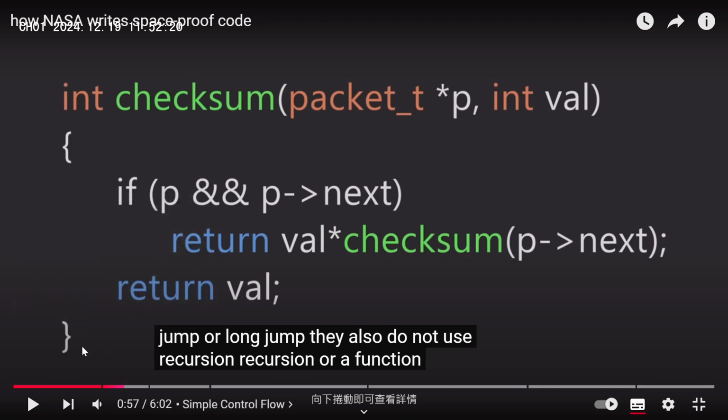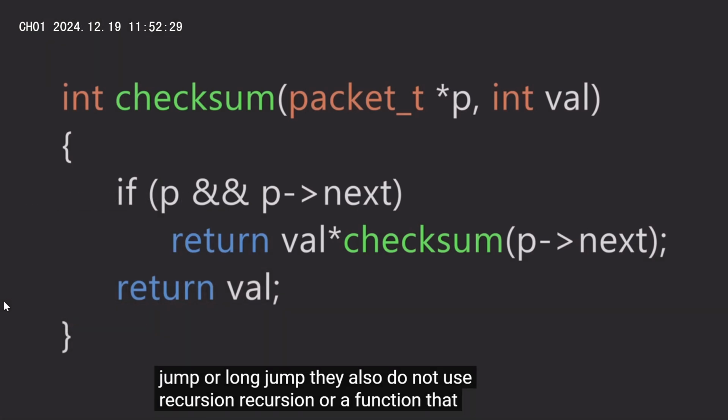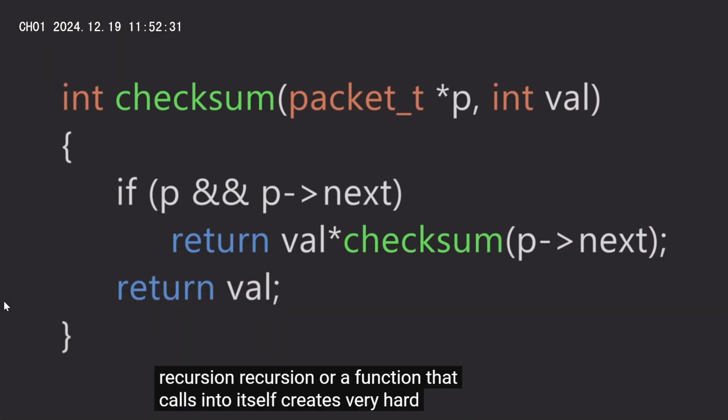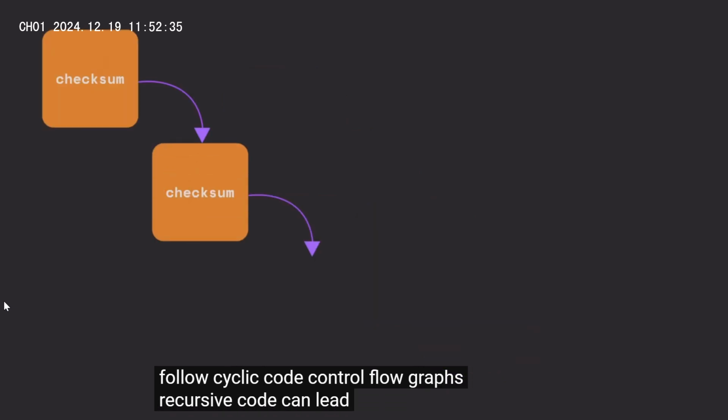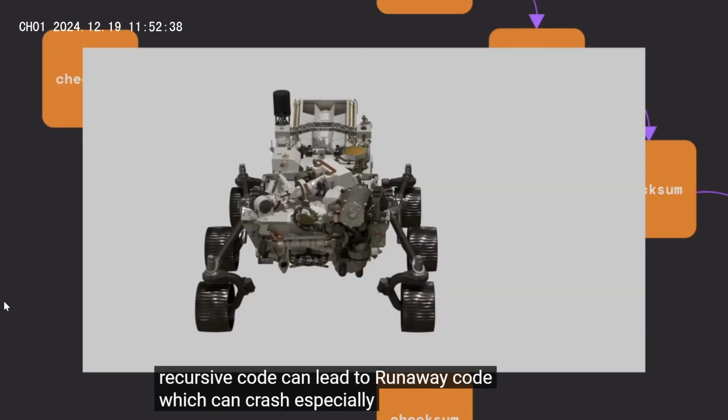So NASA avoids using such a mechanism. Code that calls into itself creates very hard to follow cyclic code control flow graphs. Recursive code can lead to runaway code, which can crash, especially in embedded systems.